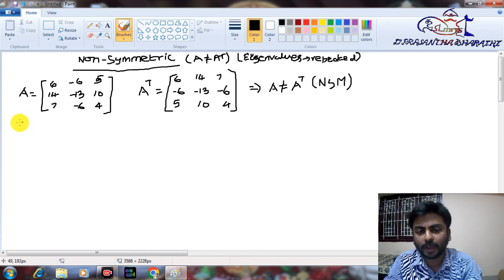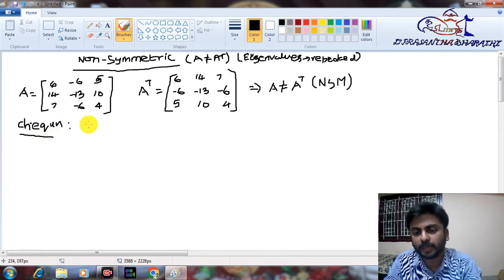To find eigenvalues, we have to find the characteristic equation first. So how can you write the characteristic equation for a 3 by 3 matrix?